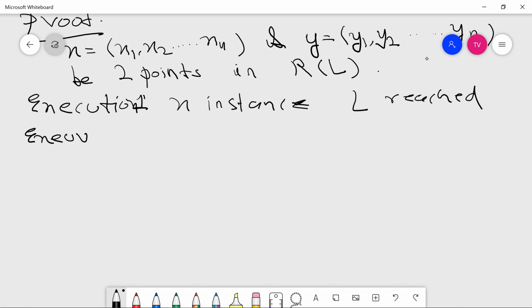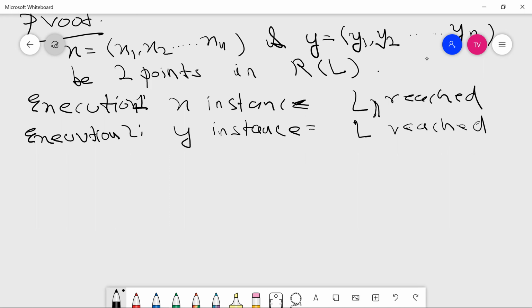Similarly, in execution 2, when we take instance y, a leaf L is also reached, but we need to show that these two leaves are different.